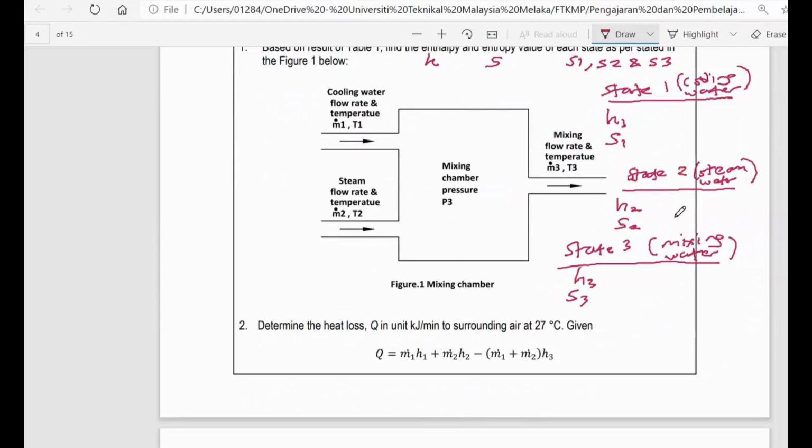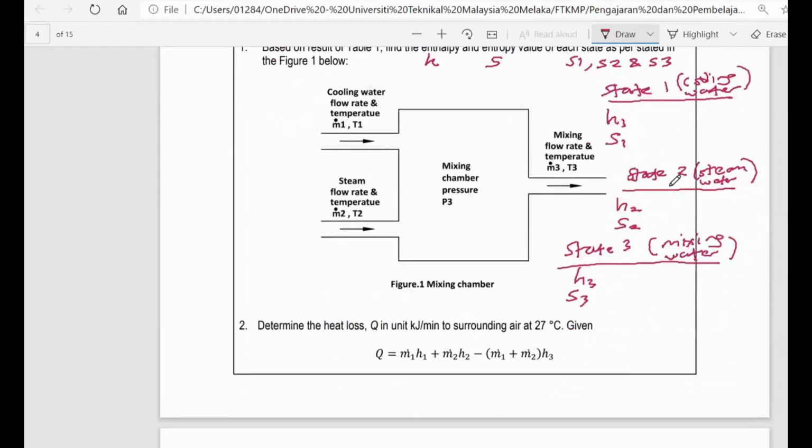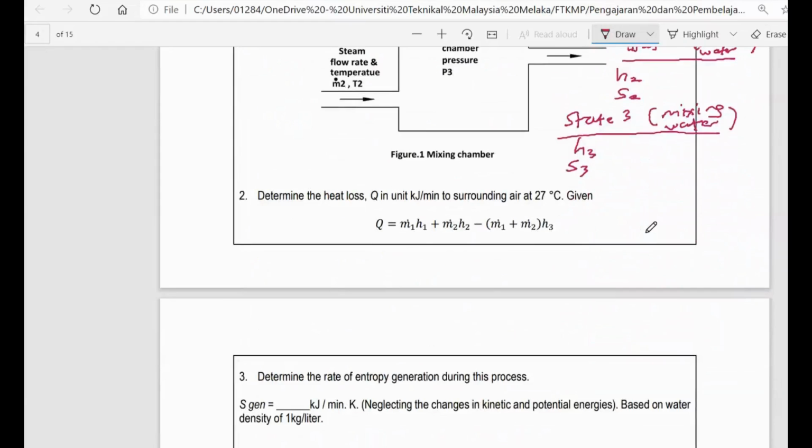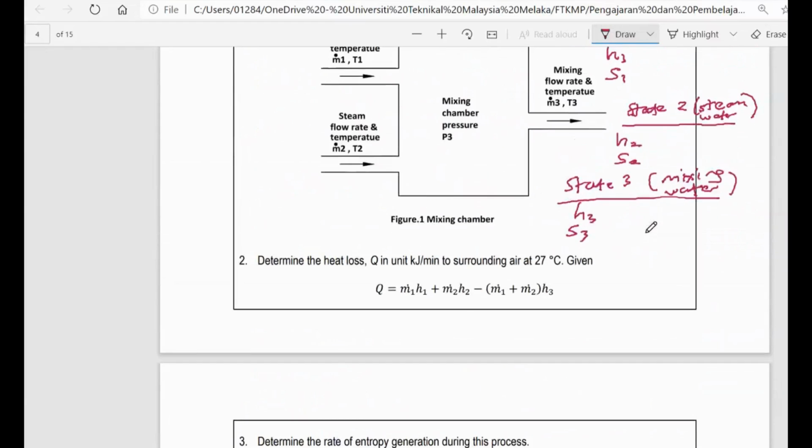After you determine all the enthalpies and entropies, you can solve question number 2 and question number 3. For question number 2, we need to determine the heat loss by using this equation.